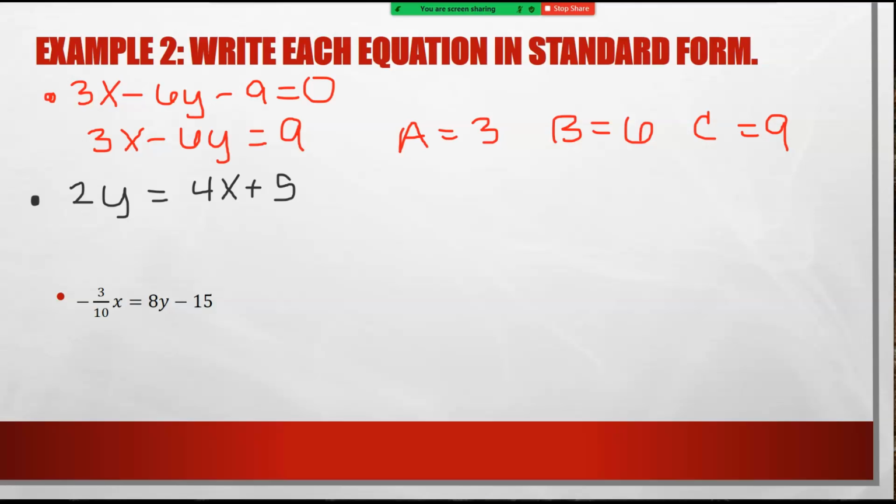Solve for ax plus by equals c by moving over your 2y to be with your x and your 5 by itself. So we have negative 5 equals 4x minus 2y.